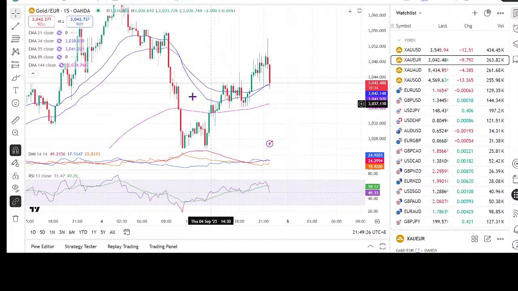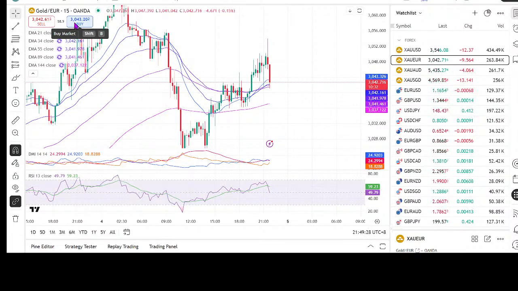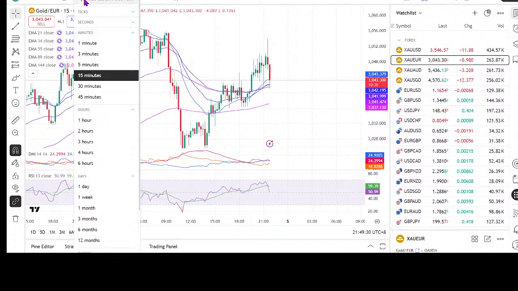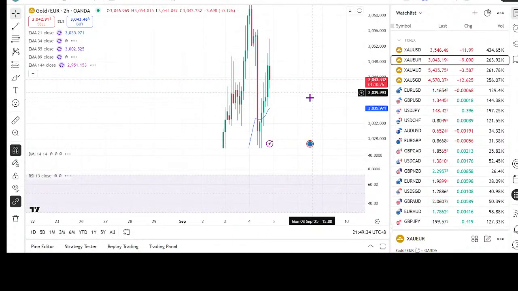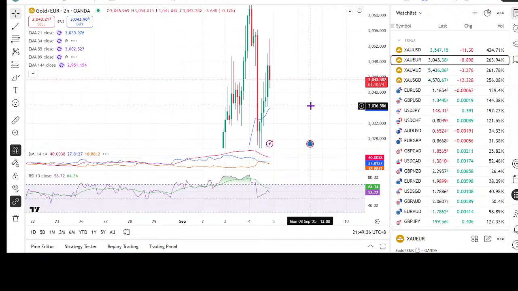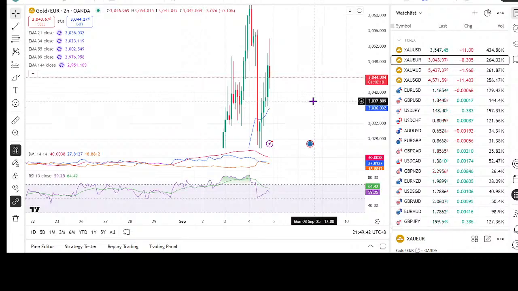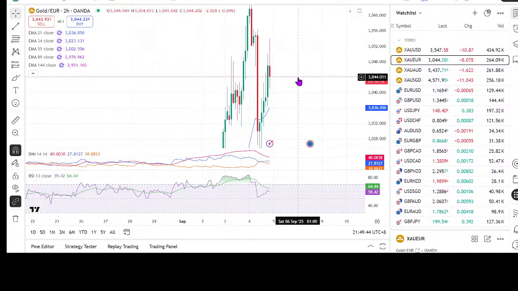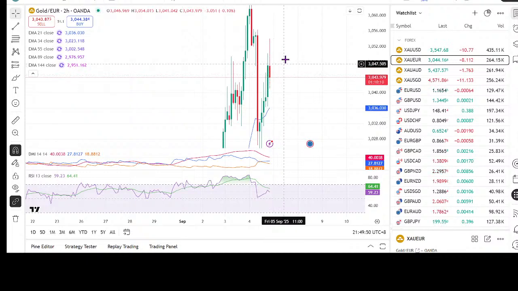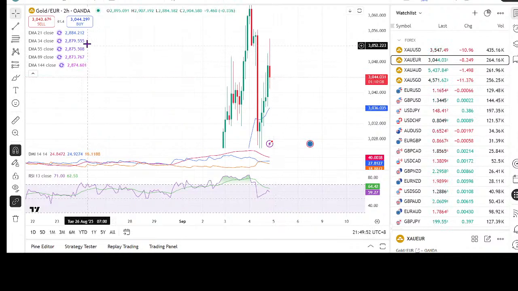So let's do this one more round. Now our stop loss we got to put below 35. 35 being the stop loss, and this is 2 hour, meaning we have another 1 hour 10 minutes on this candle.